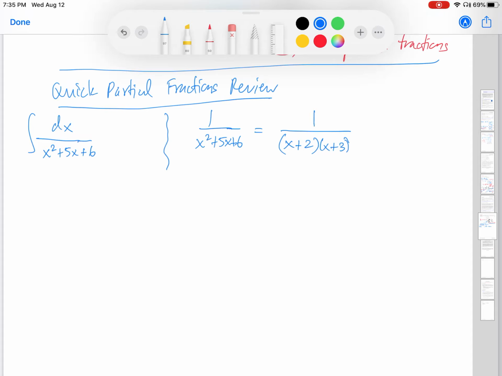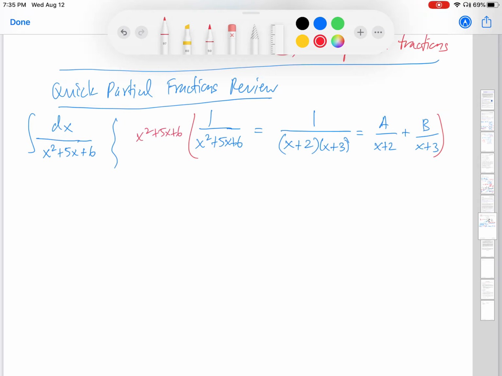What we want to do now is say this equals something divided by x plus 2 plus something else divided by x plus 3. To figure out what a and b are, which are some unknown numbers we'll figure out in a minute, we are going to multiply all sides of this equation by the denominator. So I'm going to multiply the entire equation by x squared plus 5x plus 6.